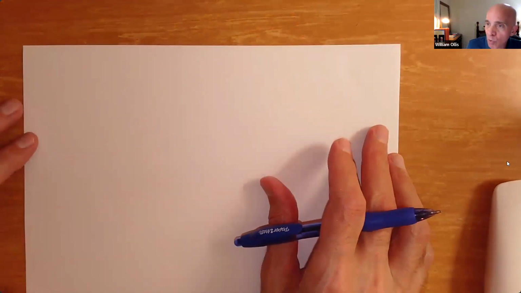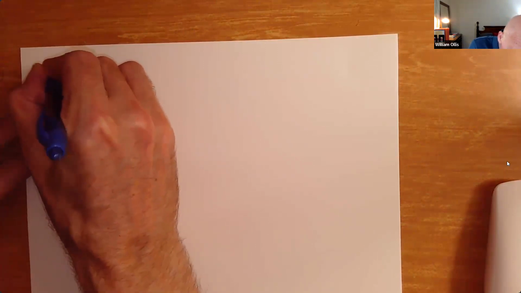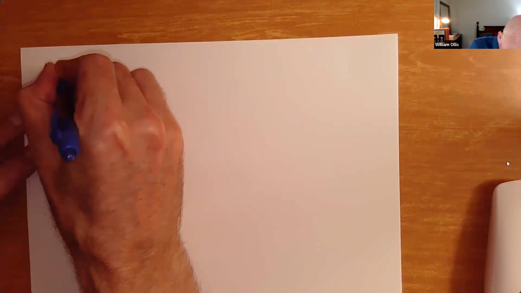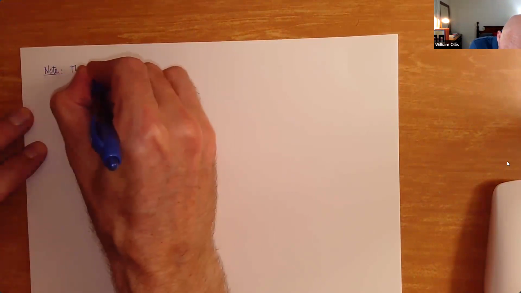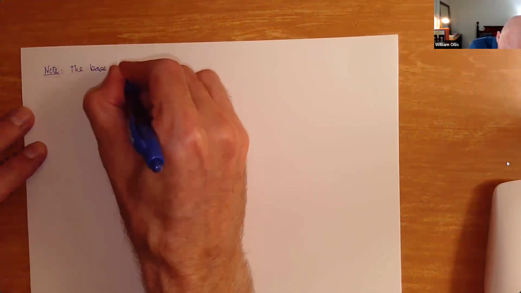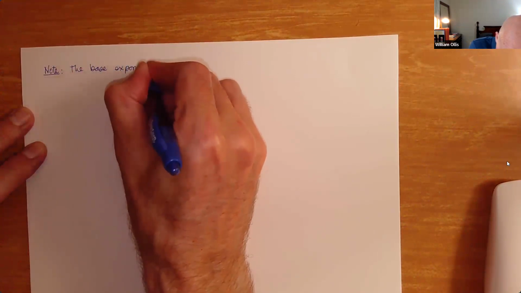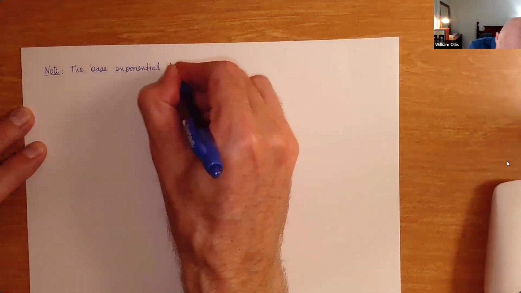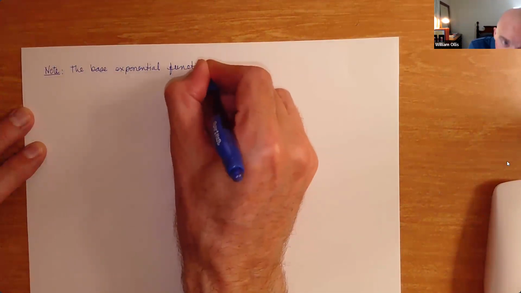Now, I've got some examples here that I want us to go through. The very first one has to do with using properties to solve equations. Now, the base A exponential is 1-to-1, so we can use the 1-to-1 property to solve equations. That is, note the base A exponential function is 1-to-1.